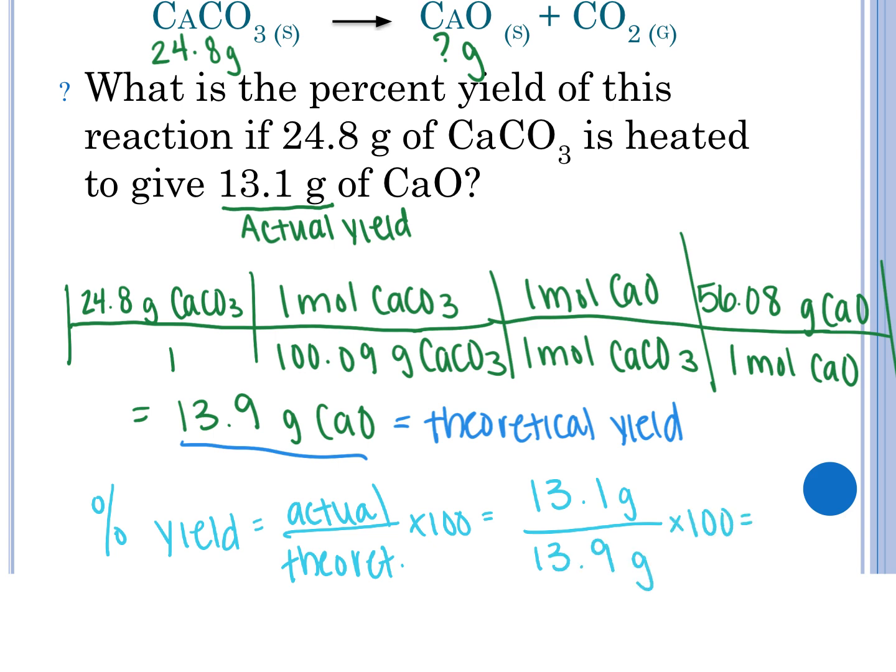Go ahead and divide those and then multiply by 100. Just divide first: 13.1 divided by 13.9, hit equals.